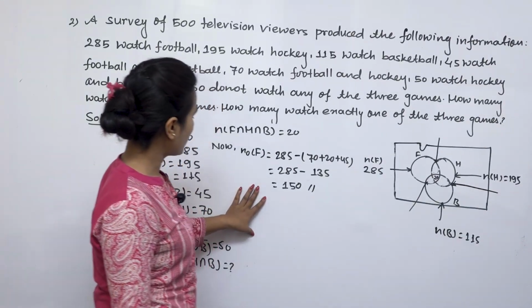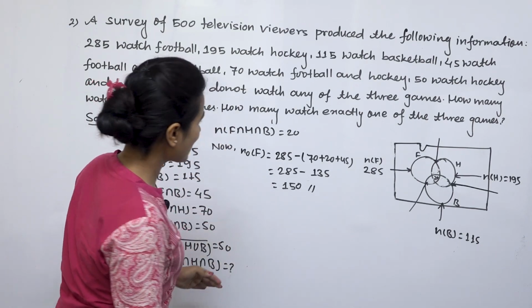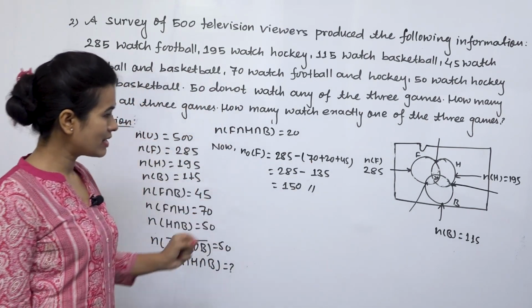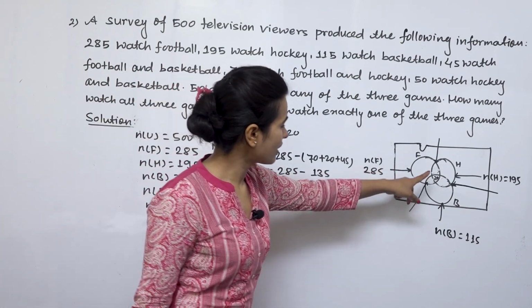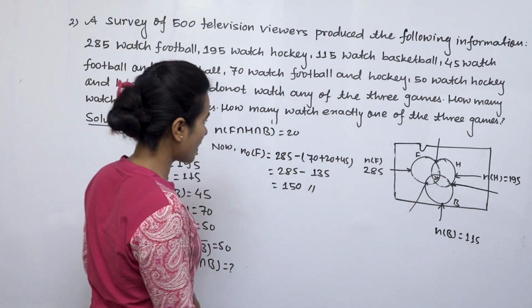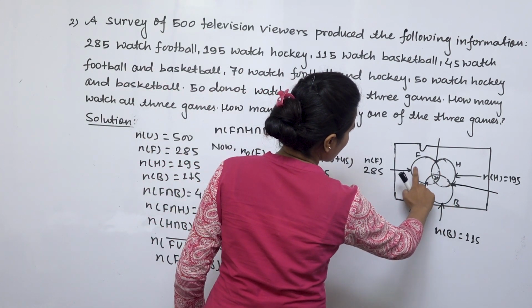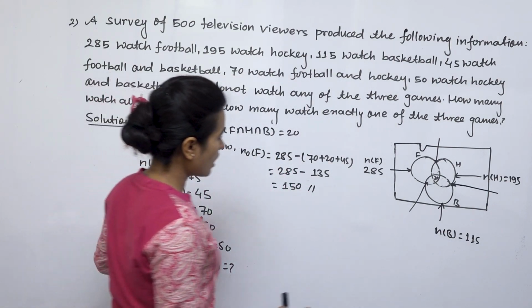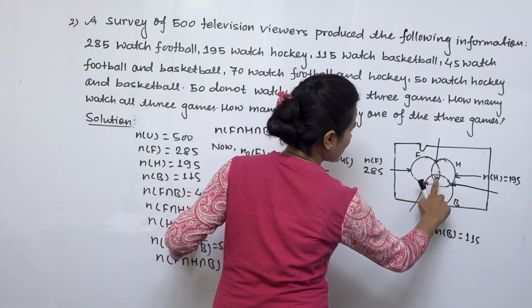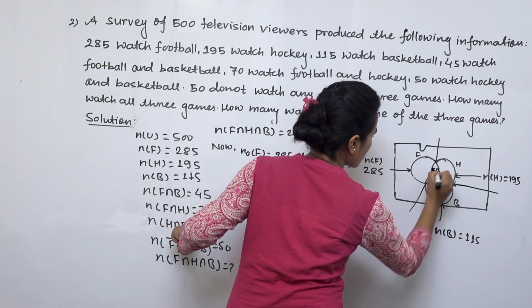Now we need to find n(only H) and n(only B). Before that, if we fill in the sets, it will be easier. We have 285 in n(F) and 195 in n(H). F intersection H is given as 70, but we already have 20 in the center, so 50 comes over here.